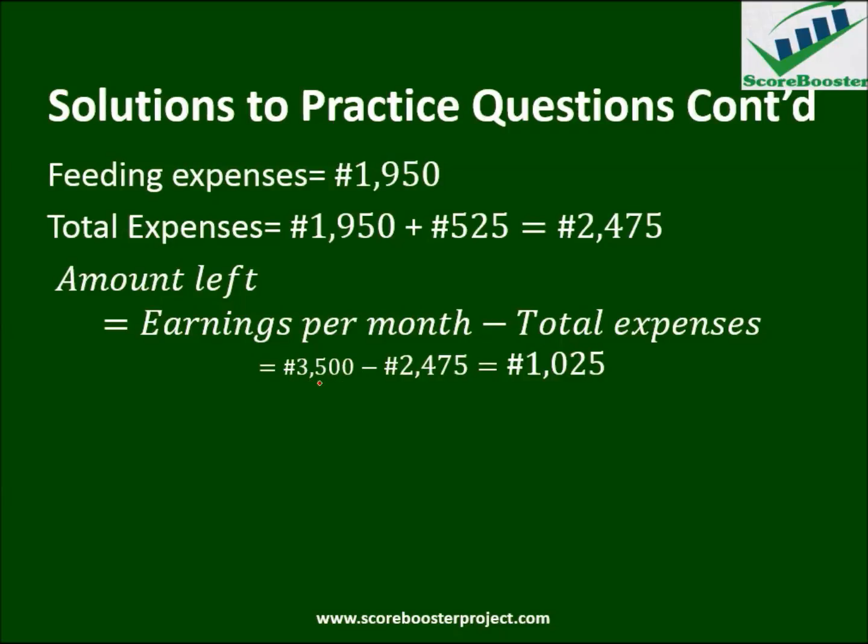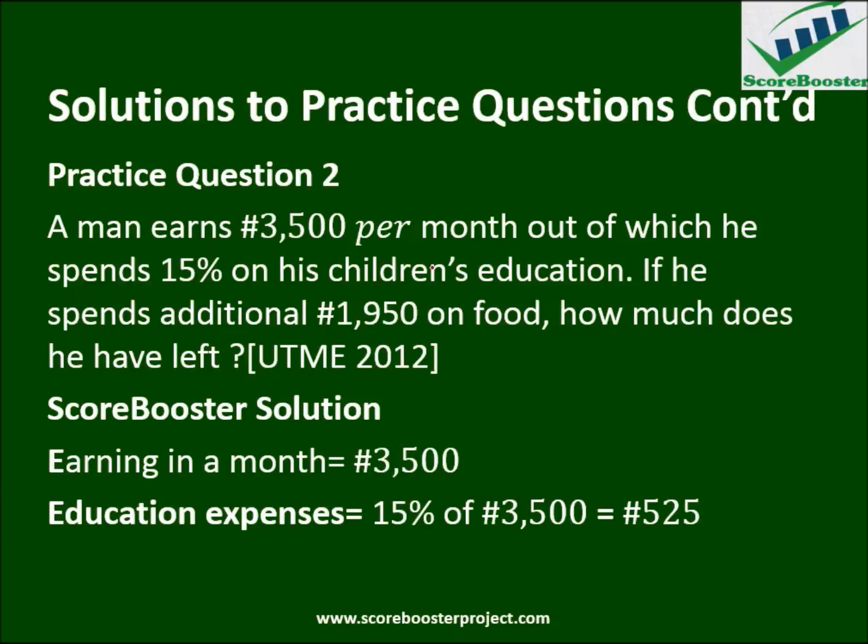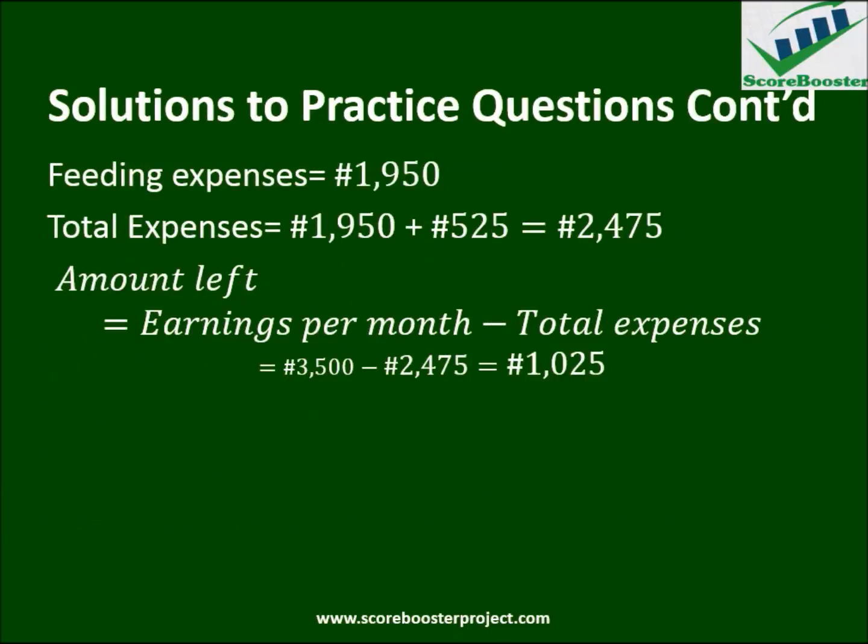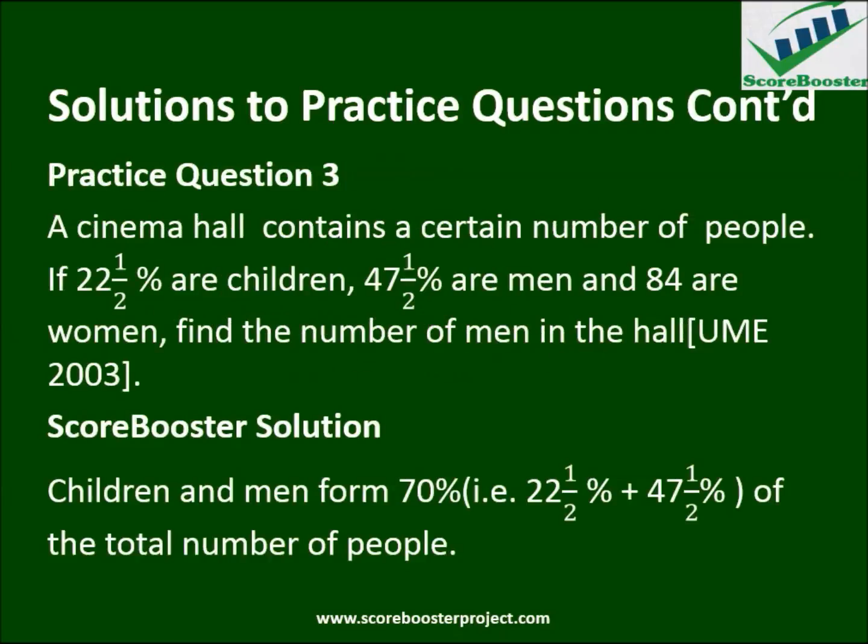So the total monthly earnings is 3,500, and the expenses incurred is equal to 2,475. So 3,500 minus 2,475 equals 1,025, which is the amount left, and that is what we've been asked to calculate in the question. So the answer is 1,025 naira.